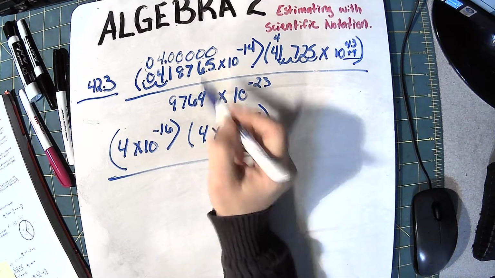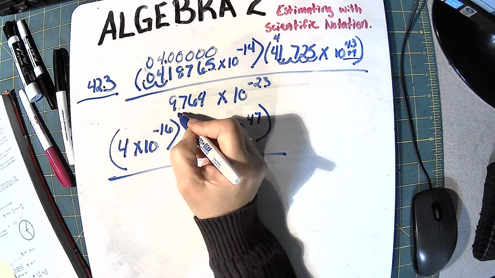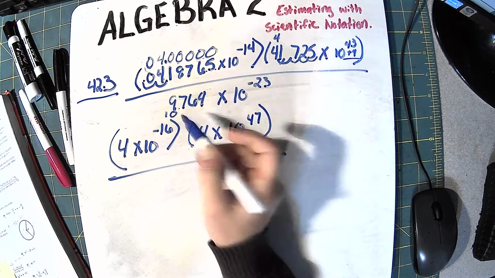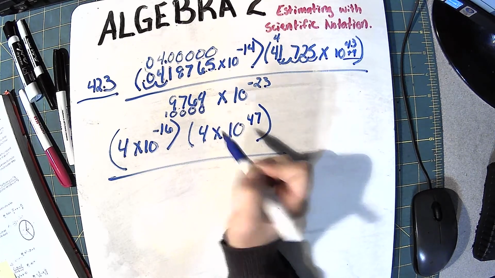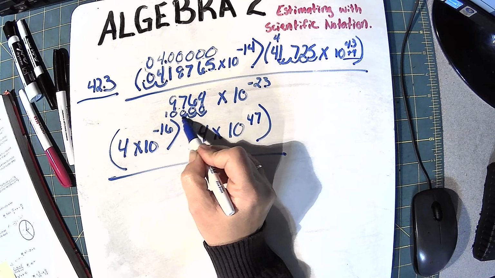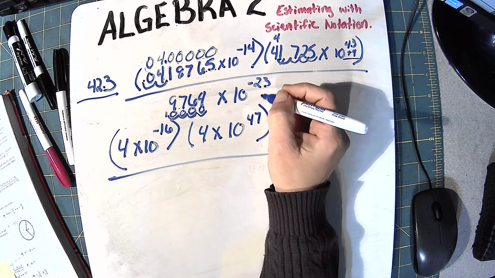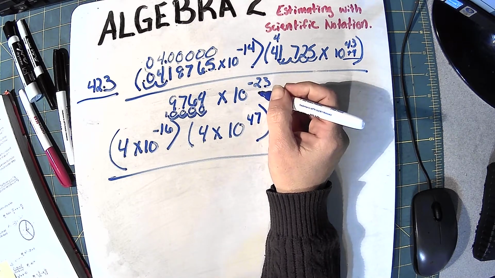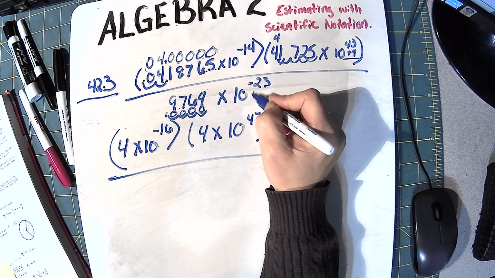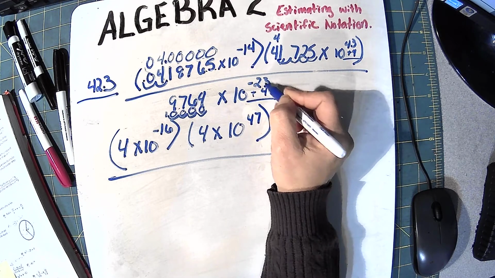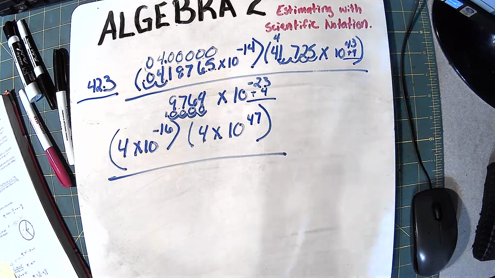Now the bottom. This one, 9, is going to round up to 10. Okay, so I'm going to have to move it 1, 2, 3, 4. So I'm going backwards 4 spaces. So I'm going to have to add 4. Negative 23, positive 4 will be a negative 19.